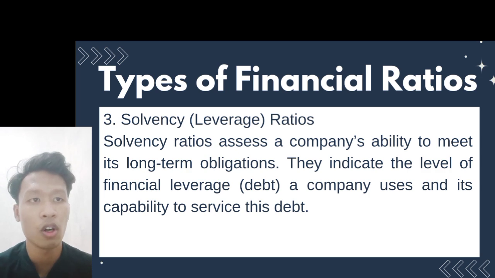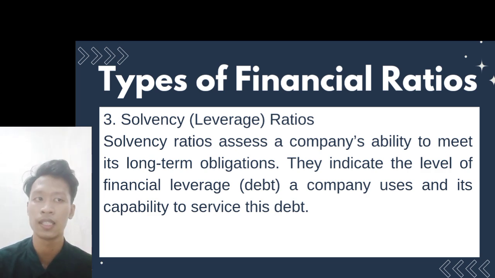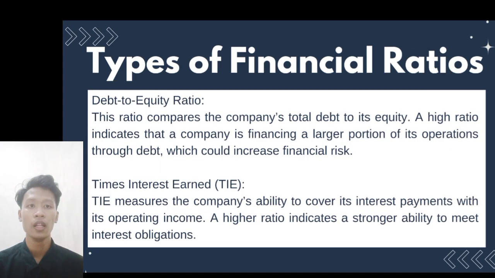Solvency or leverage ratios assess a company's ability to meet its long-term obligations. They indicate the level of financial leverage a company uses and its capability to service its debt. Debt to equity ratio. This ratio compares the company's total debt to its equity.